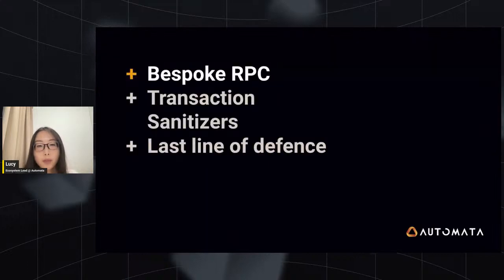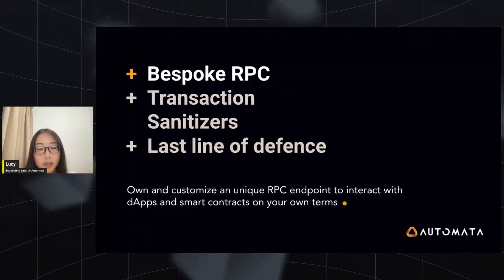So we offer a bespoke experience. OneRPC Plus is even more powerful, with advanced user protection and the ability for you to personalize your endpoints. You get to customize your own private endpoint, which is not something that's available on the market yet. Some of the bespoke features I will introduce later.